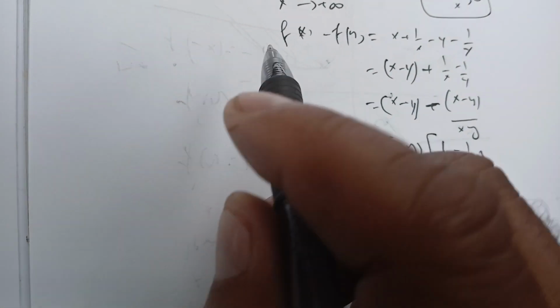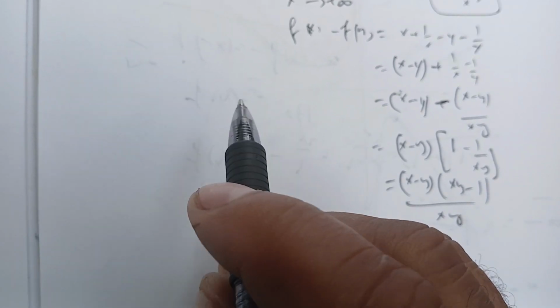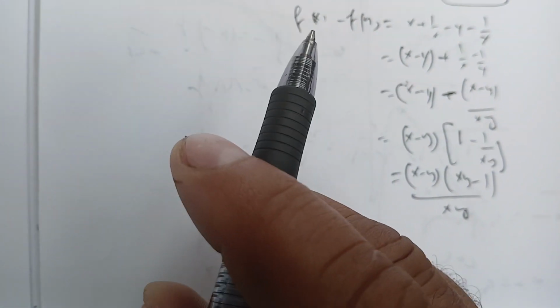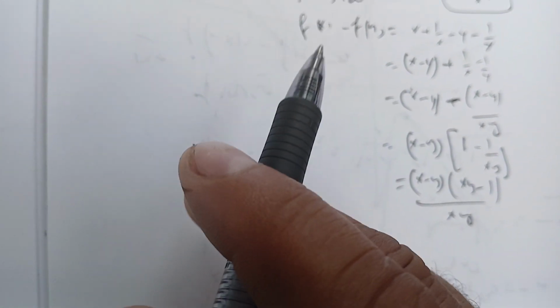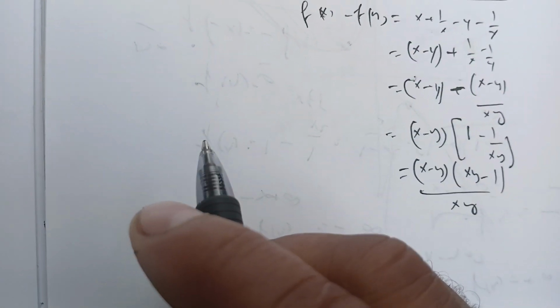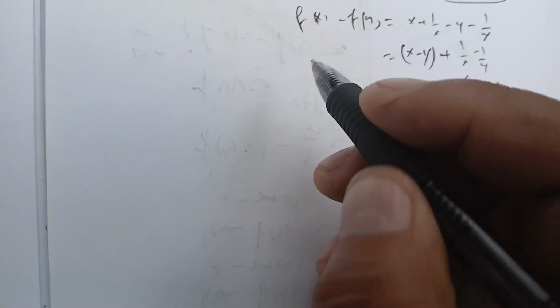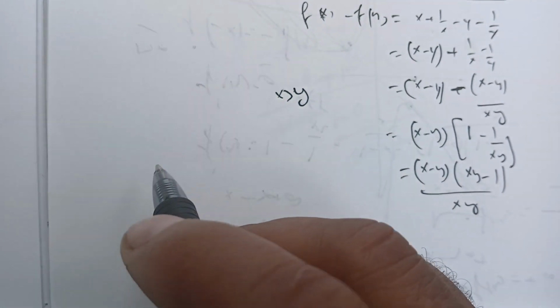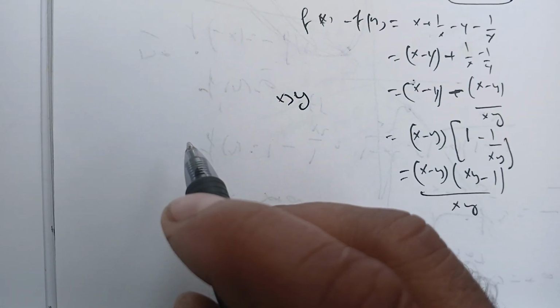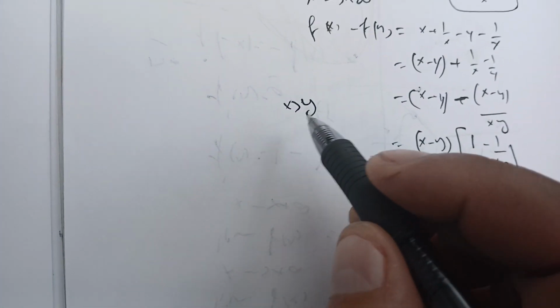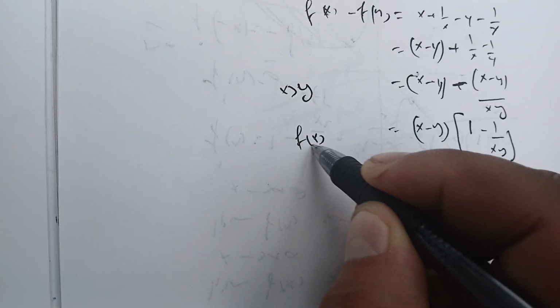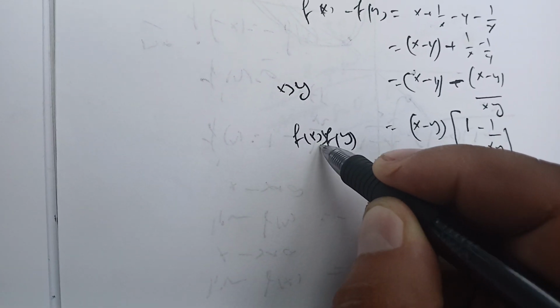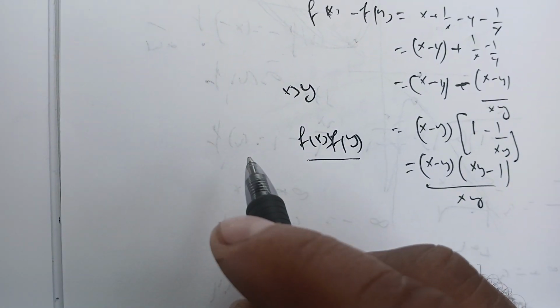Okay, so here we are in this interval. When x is equal to y, we have 0. Okay, so if x is bigger than y, we have f of x is bigger than f of y, but on one condition.